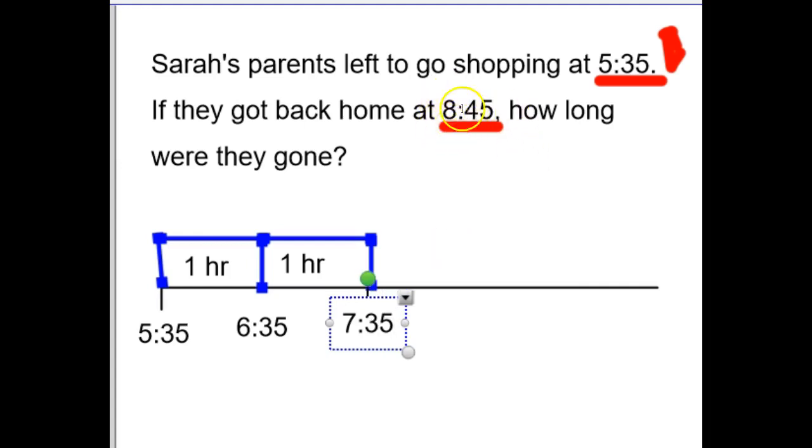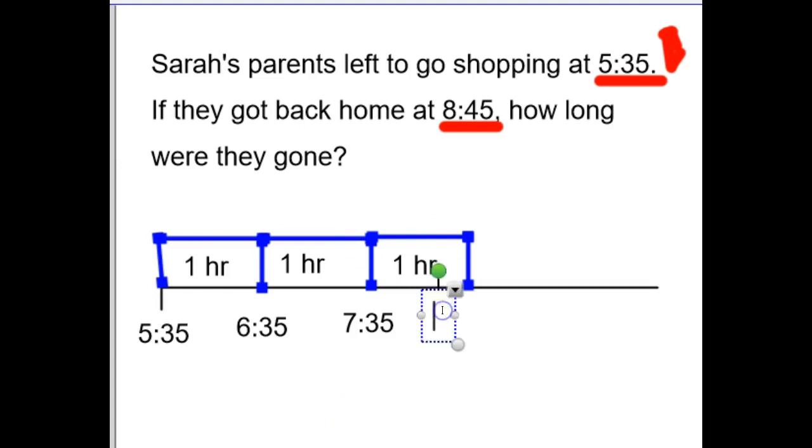I still haven't made it to my hour here, so I'm going to add another hour. So I'm going to add that one more hour, and now I've gotten to 8:35. So I'm at my hour, but I still haven't made it to my end time.